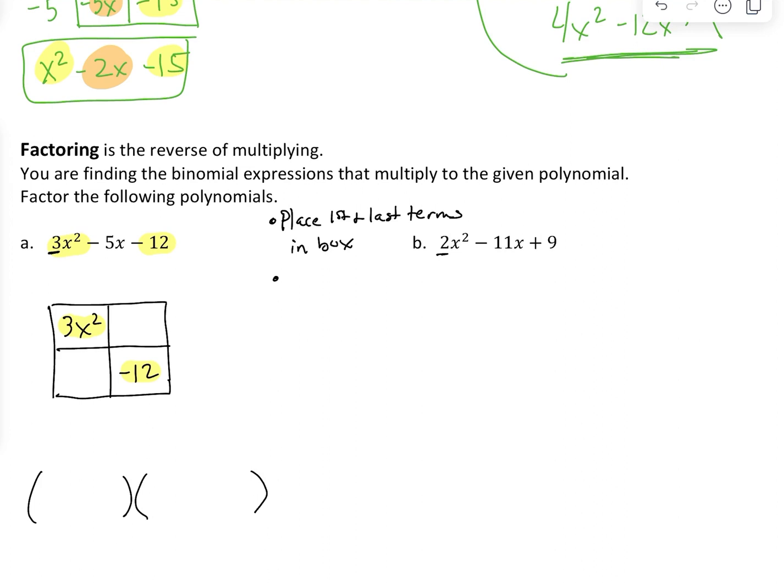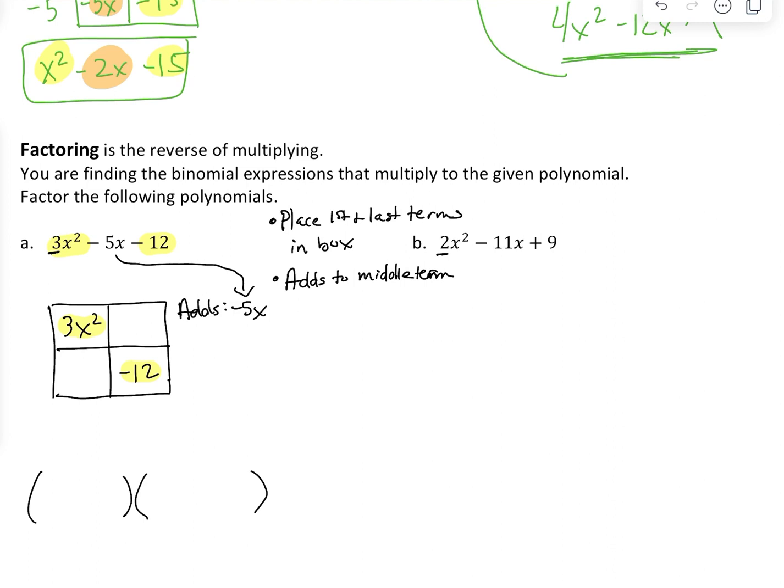So I'm going to make a note here that what we're going to do is look to see what adds to the middle term. So I'm looking for what adds to be negative 5x. That middle term is what I'm using here.